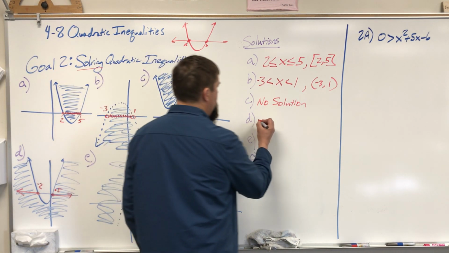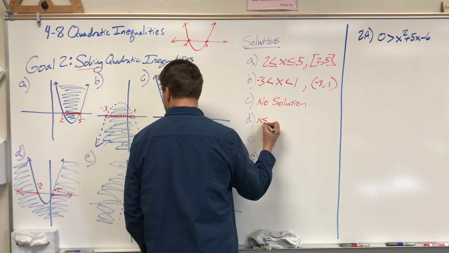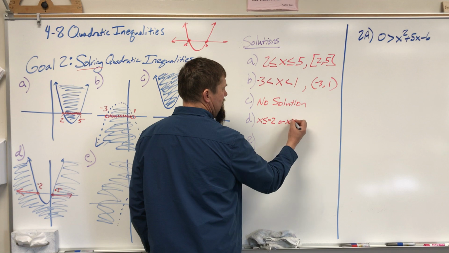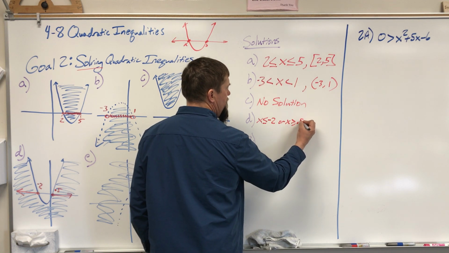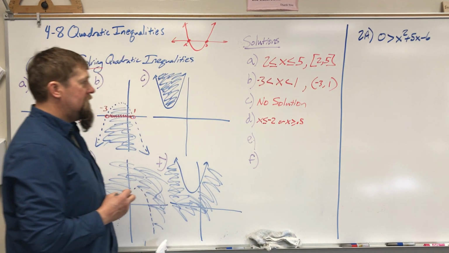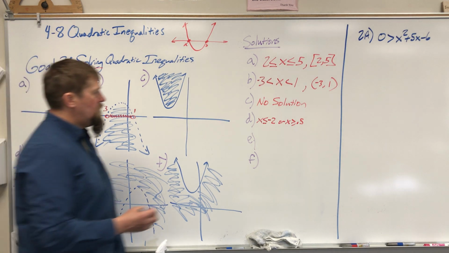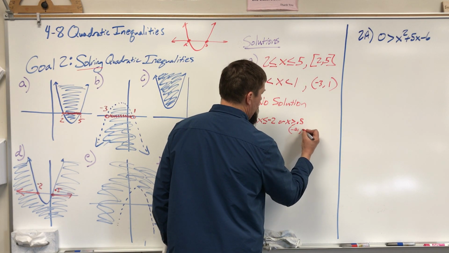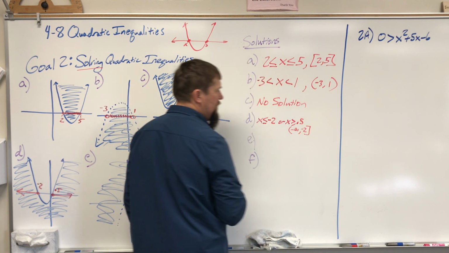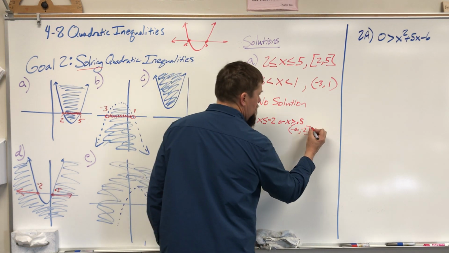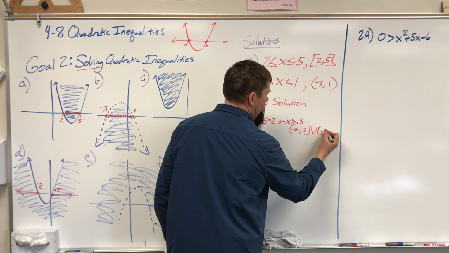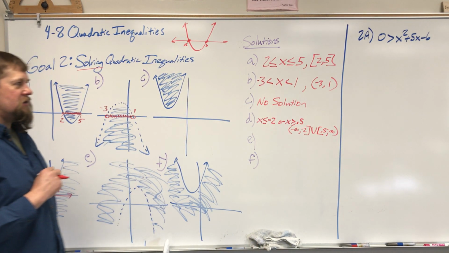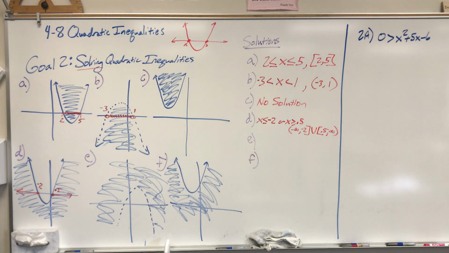So this time, x is less than or equal to -2, or x is greater than or equal to 0.5. Now, in interval notation, you would say that's everything from -infinity all the way up to -2 bracket, because it's equal to, union bracket 0.5 all the way up to +infinity. So that's interval notation on this one.